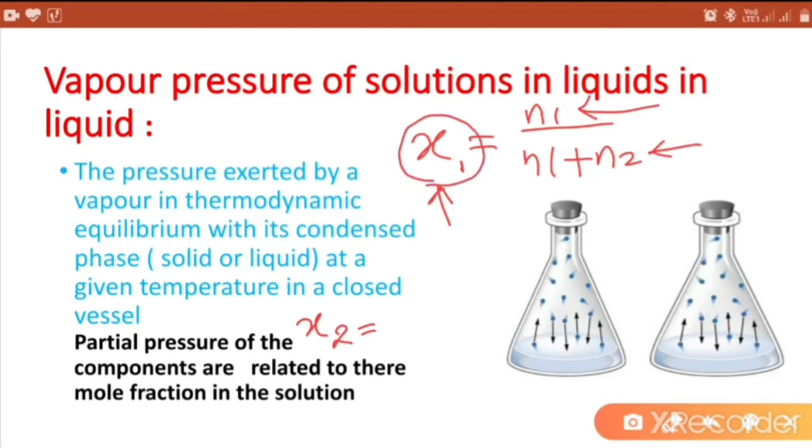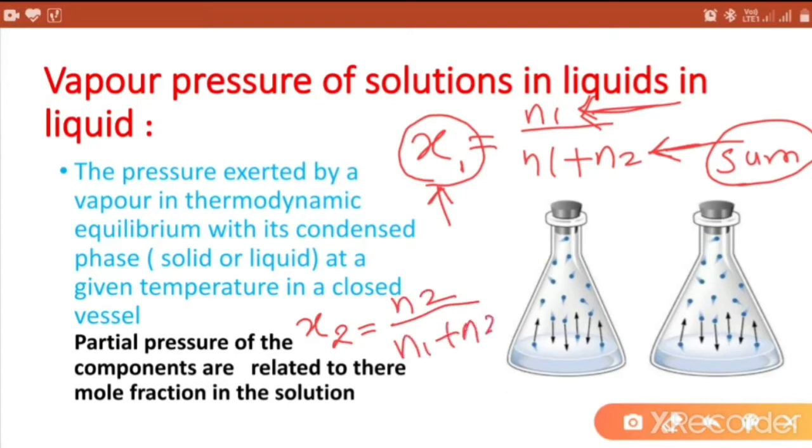Mole fraction is the ratio of the number of moles of that component divided by the sum of the number of moles of both the components present in the solution. Here X2 is equal to N2 divided by N1 plus N2. For X2, mole fraction is the ratio of the number of moles of the second component and the sum of the number of moles of both the components.